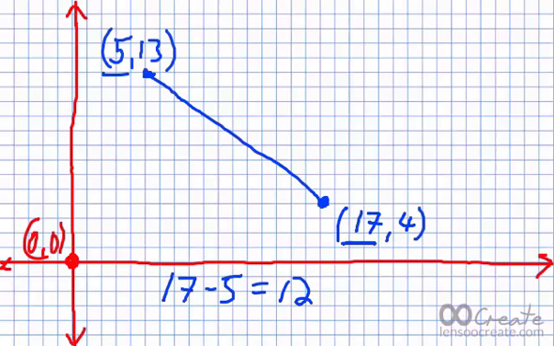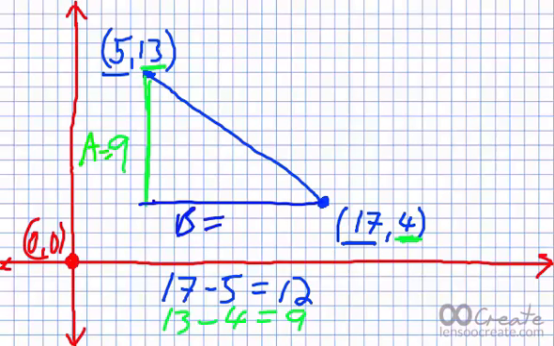Similarly, if I know that the y value of my bottom point there is 4, and the y value of the top one is 13, then I can just take 13 minus 4, and I know that this distance here is 9. So my a value is going to be 9. My b value is going to be 12.